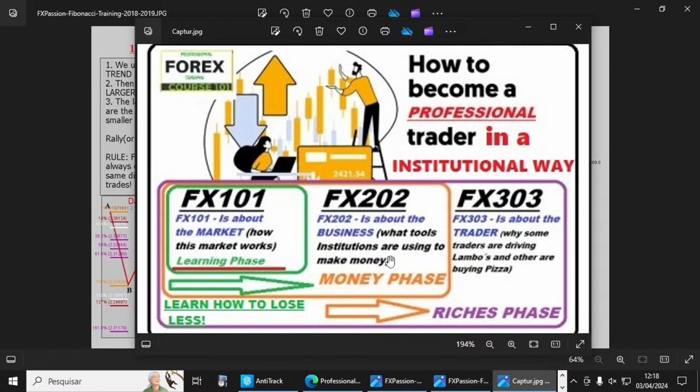Alright? What does this mean? They re-enter again and again and again. But in the Forex course 202 we also learn about what is called the A+ trade. When we risk more, we risk 2% per trade, we risk sometimes 5% per trade, but those trades don't come easily, you know, they happen from time to time. Make sense, everybody?